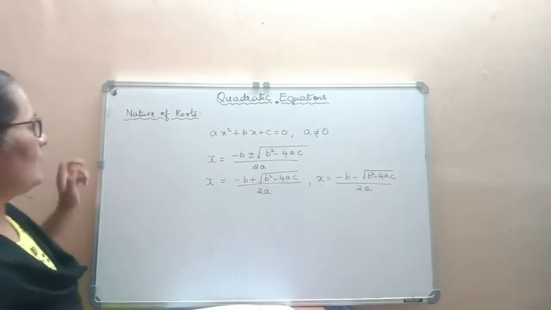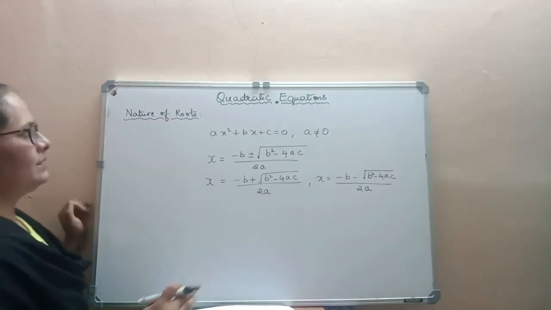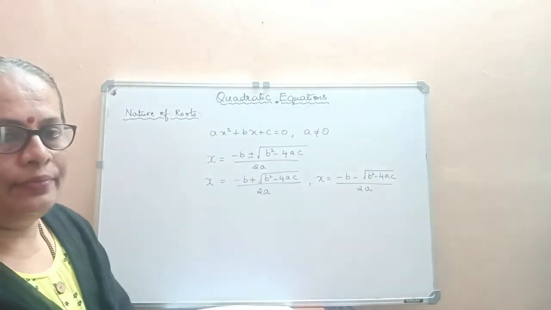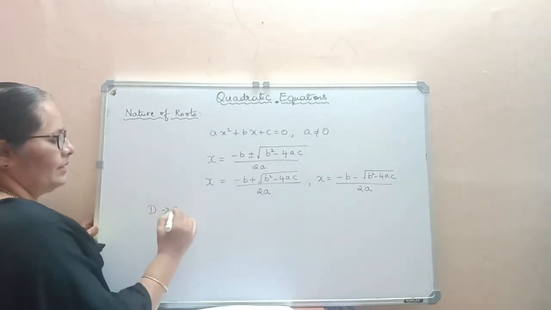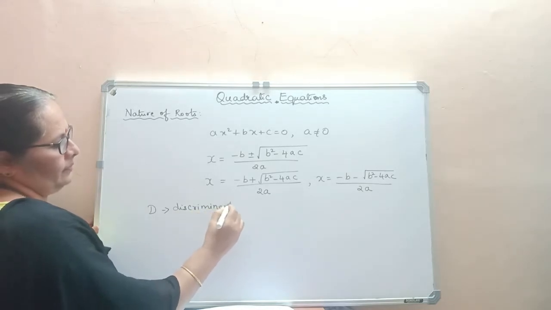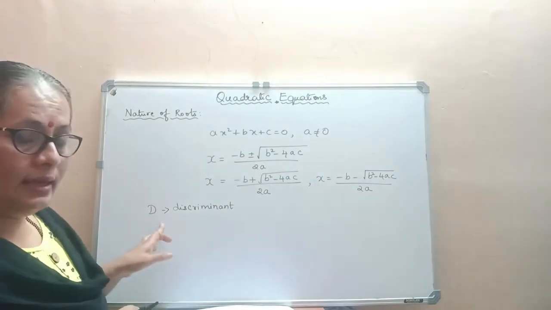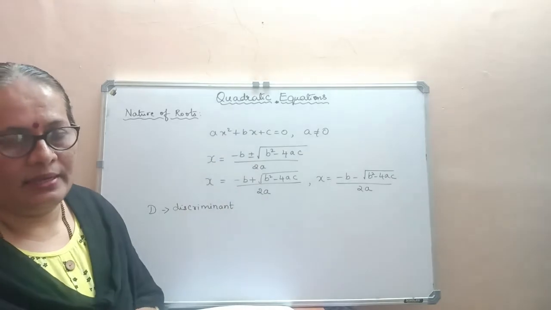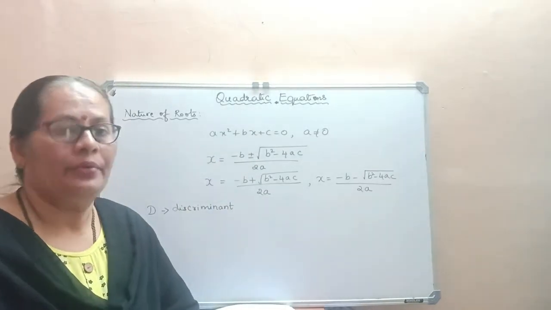Today we are going to learn the nature of roots. To find the nature of the roots, first we find the value of the discriminant. What is this discriminant? Discriminant is an expression having a relation with a, b and c, only the coefficients.